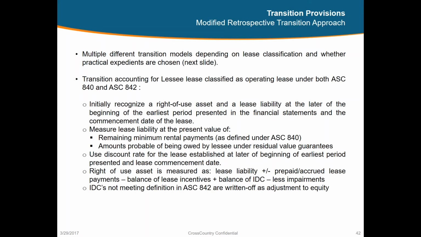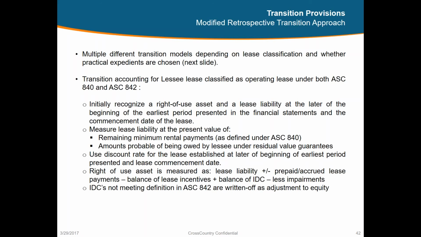Since lessee operating leases have the biggest balance sheet impact upon transition and will impact the most organizations, we will provide an overview of the transition model for leases classified as operating leases under both topic 840 and topic 842.